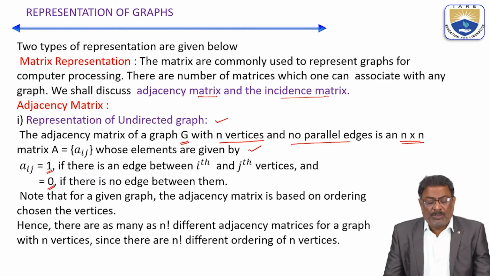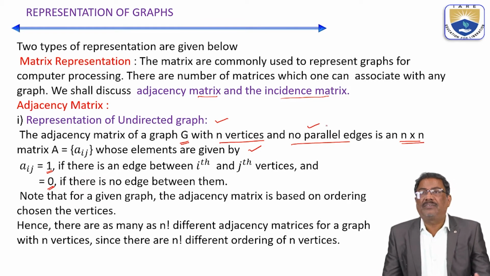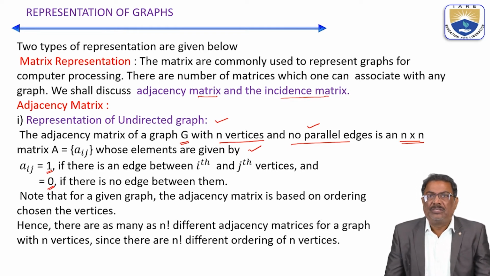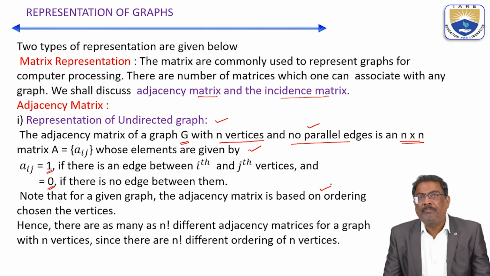Here, we are going to consider first a simple graph, and afterwards a pseudograph, which contains self loops as well as parallel edges. This is the way that we represent the adjacency matrix of the given graph. For a graph, the adjacency matrix depends on the ordering chosen for the vertices.